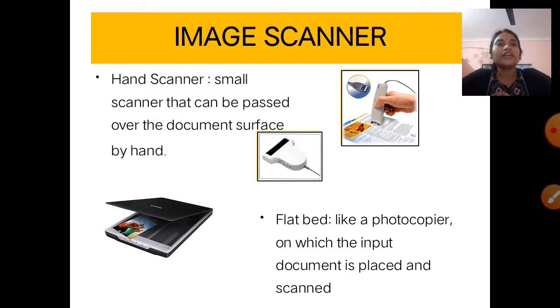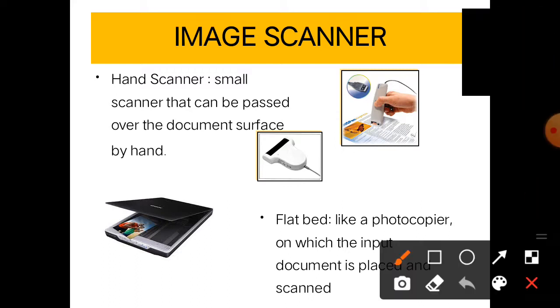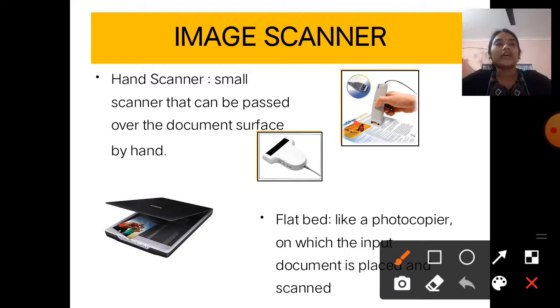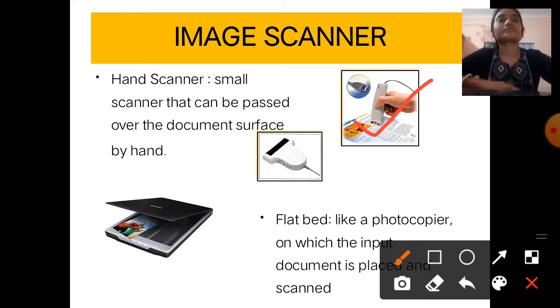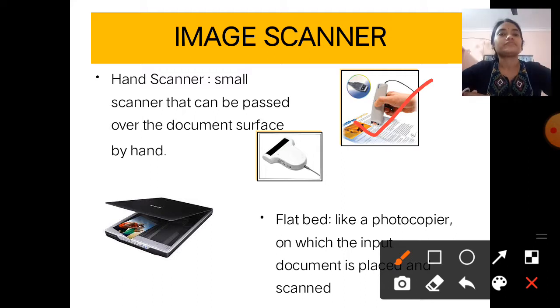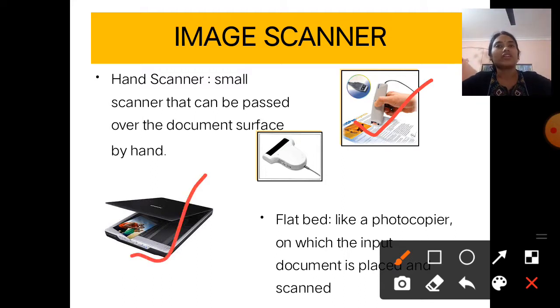Small scanner that can pass over the document surface by hand is known as hand scanner. This is the hand scanner example. And flatbed scanner is like a photocopier on which the input document is placed and scanned. This is the example of flatbed scanner.